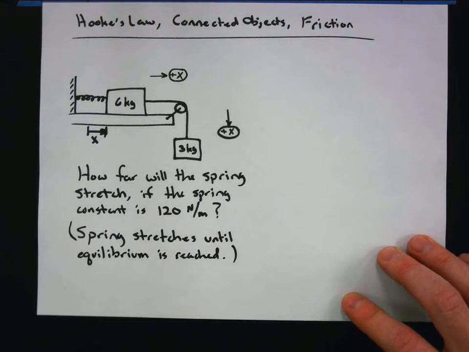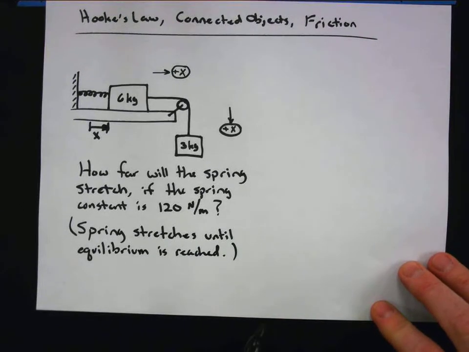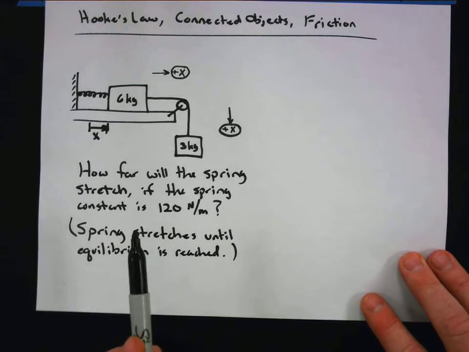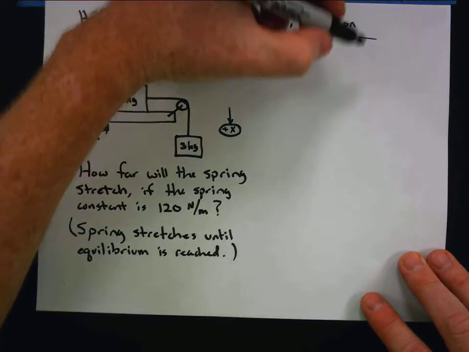The spring stretches until equilibrium is achieved, or equilibrium is reached once again. Okay, well here's the deal. I have these two connected objects. They will be each in equilibrium. It's possible that the easiest one to look at first will be the hanging block. Let me see what I can do there.